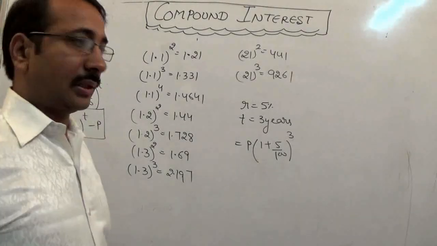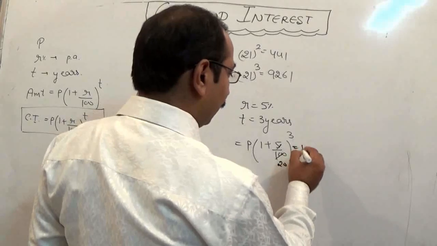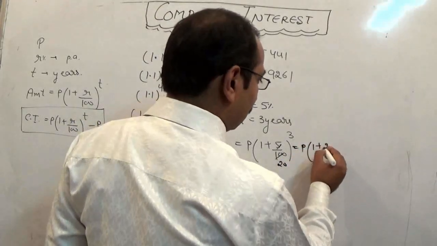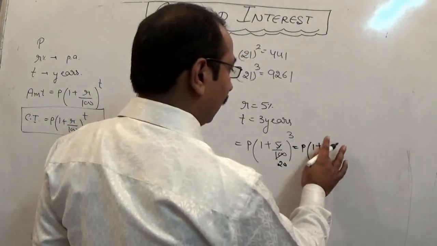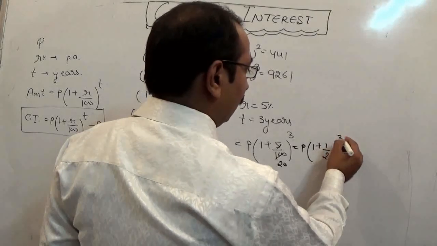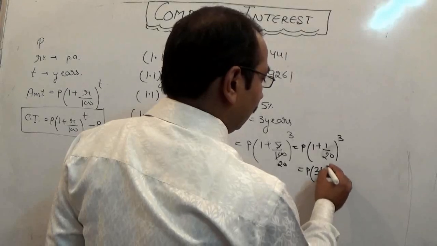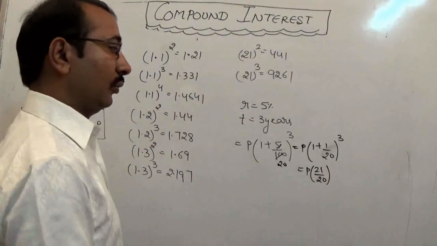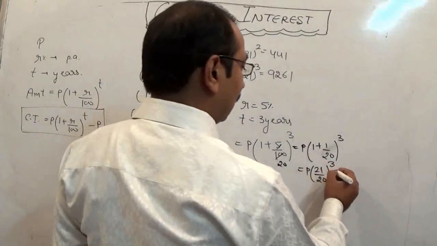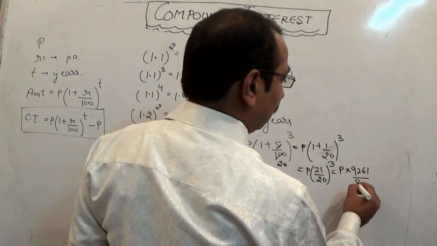Now when you solve it, 5 will go into 100 twenty times. This becomes P into 1 plus 1 upon 20 raised to power 3, or else I can say P into 21 upon 20. Now I know 21 cube is 9261, so I can simply say P into 9261 upon 8000.